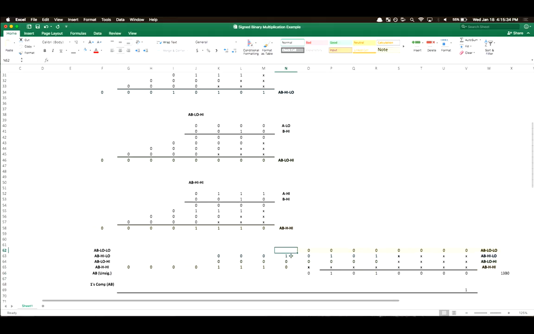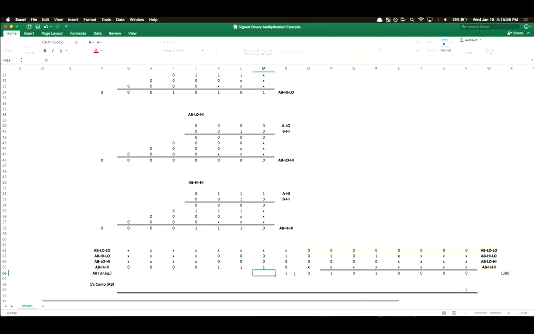We don't care about what they are for those positions, because AB low-low has no effect on the high order bits, or the more significant bits, of your product's magnitude. You get 1 here, 1, 1, 1, 0, 0, 0, 0. So this gives us our magnitude of A times B.